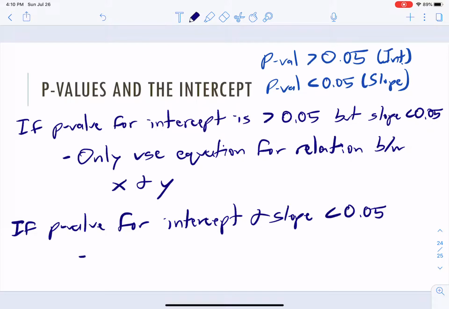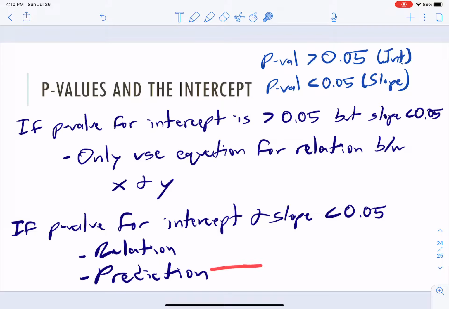Well, we can do relation and prediction. Okay, so prediction here is plugging in some x value and figuring out a y value. Relation is only looking at the slope, only looking at that relationship, right? That for every 1 unit increase kind of situation, okay?